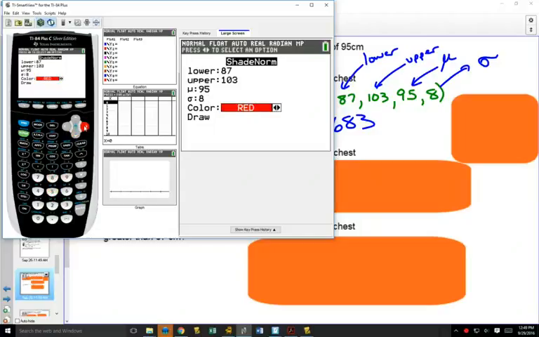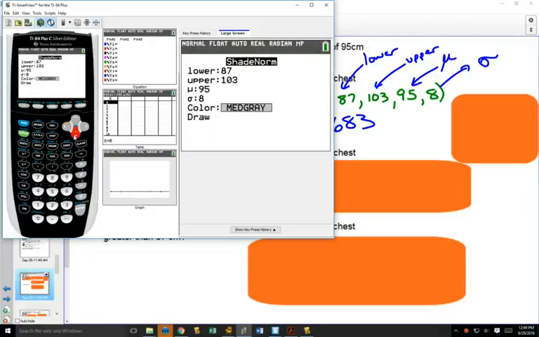Fun part, what color do we want? Does anybody see a color that really looks like calling them right now? Medium gray? Okay. Awesome. I mean, it's math class. It can't be too bright and exciting, right?